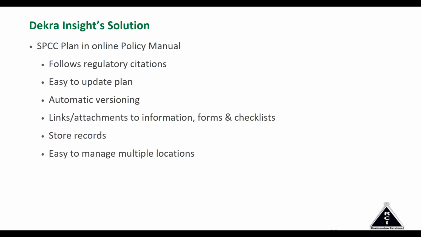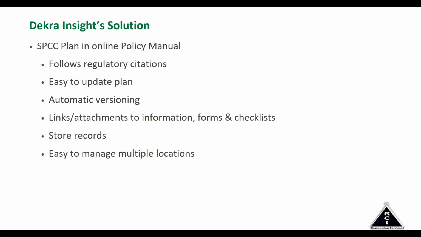The policy manual automatically versions itself. So anytime you update the policy, it keeps the old version as well as the new version. We can put a lot of links and attachments into the SPCC plan online. So if there's external documents, if there's checklists or forms you may need, we can attach them or put a link in there.